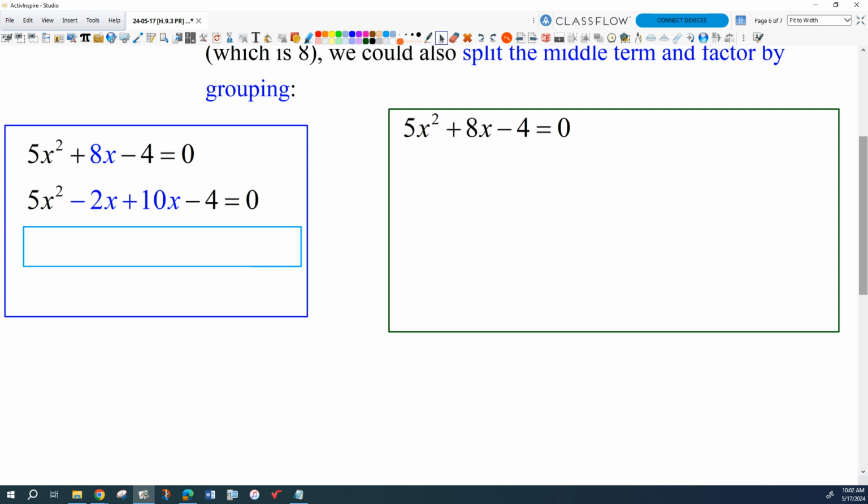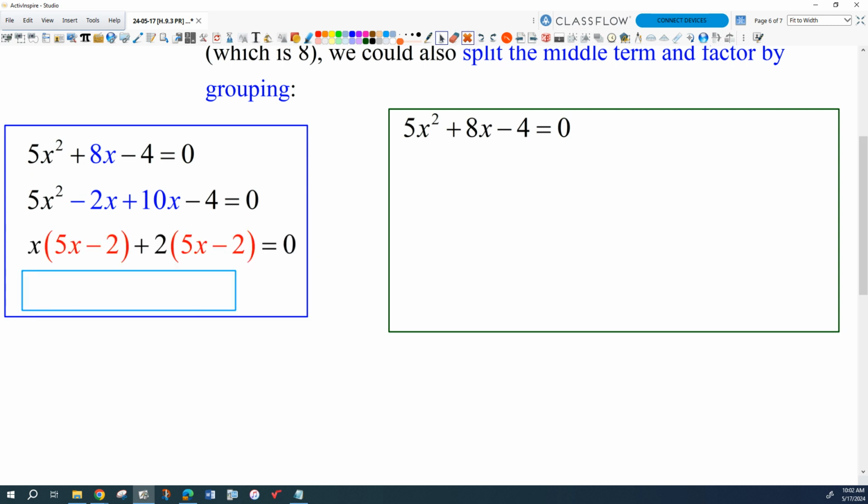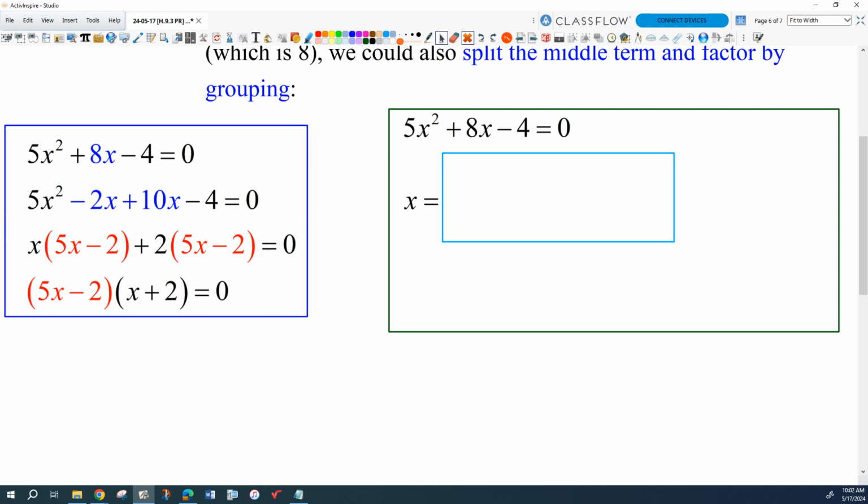Good. First group, second group. What do we do with the first group? Factor out an x. Good. So we factor out an x, which leaves a 5x minus 2, right? We know we need a 5x minus 2 in the second group then, which we can do if we factor out a 2. So what does it factor into? There you go. x plus 2 times 5x minus 2.